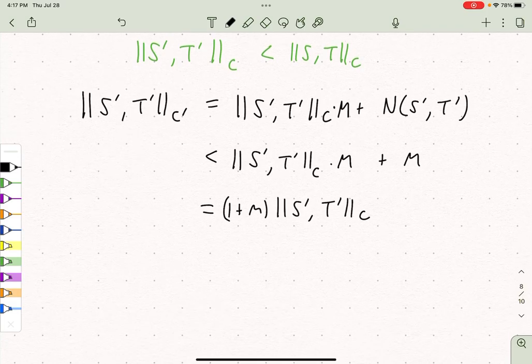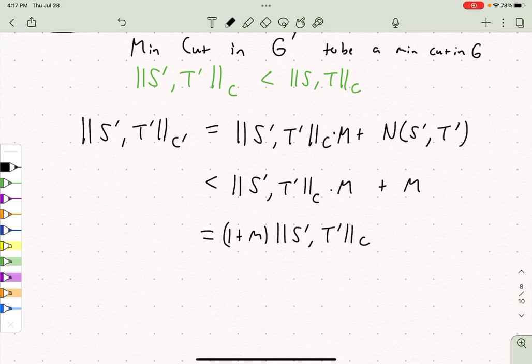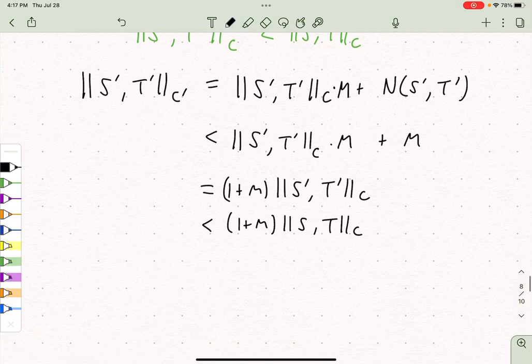And then by definition, by our assumption, that's less than 1 plus M times the capacity of S T with respect to C. But now what is this? Well, this is going to be, at most, the capacity of ST in C prime.